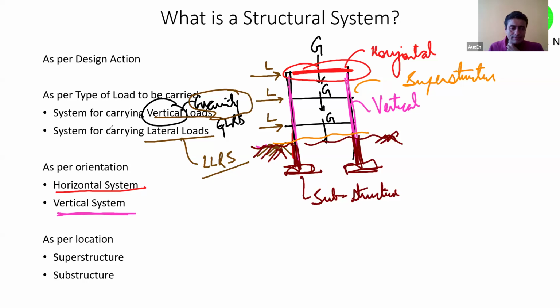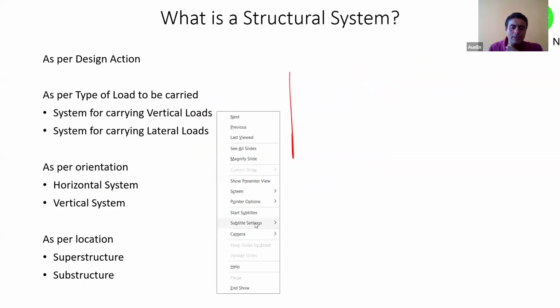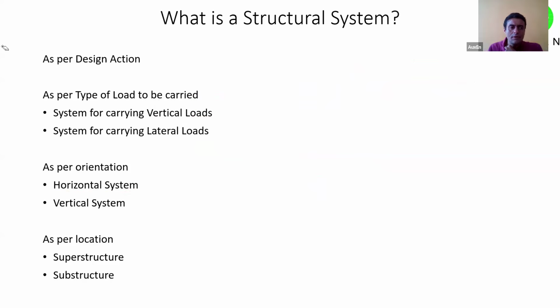So what is a structural system? As I told you, a structural system is an assembly of different elements, members, which have the purpose of taking loads, and they have to take care of the design actions that are generated due to the loads acting upon them.